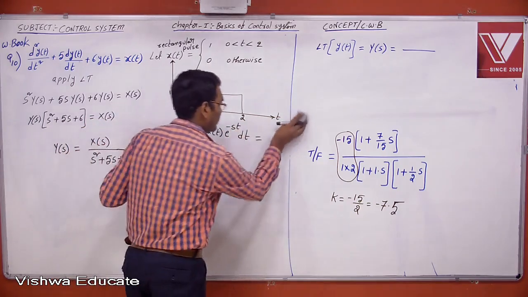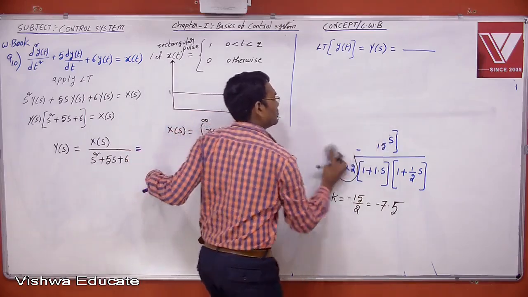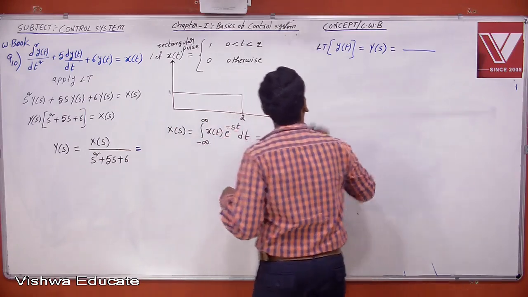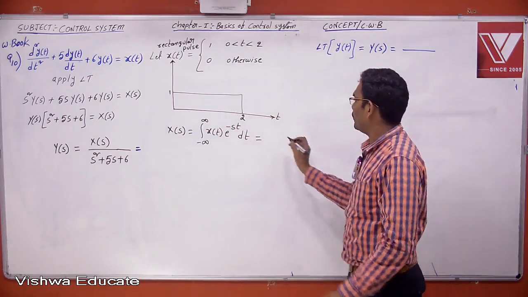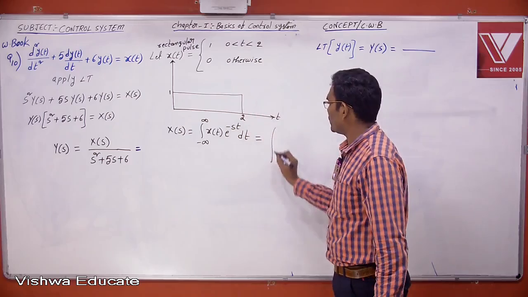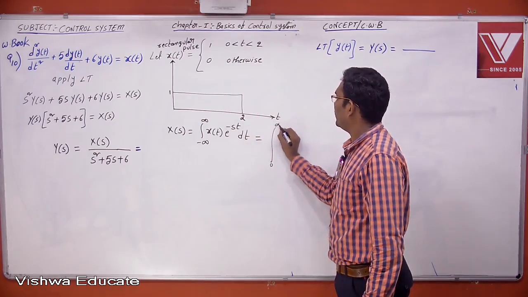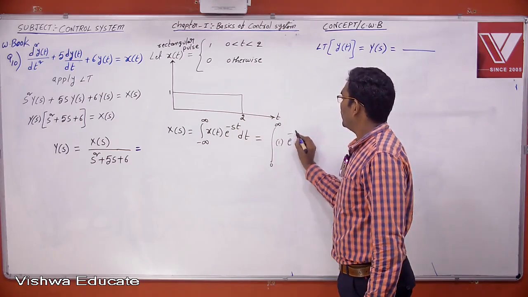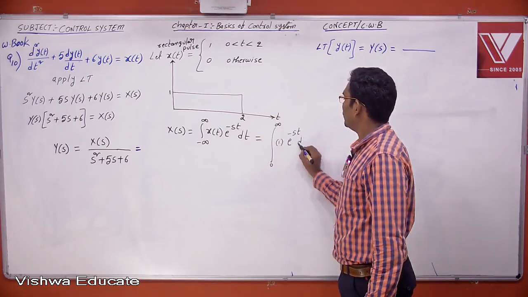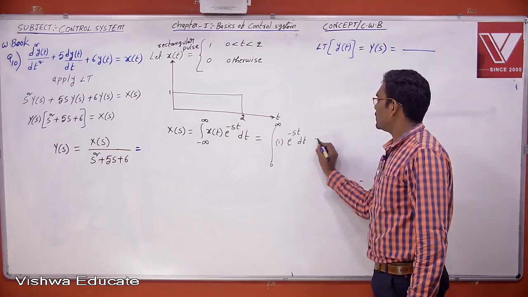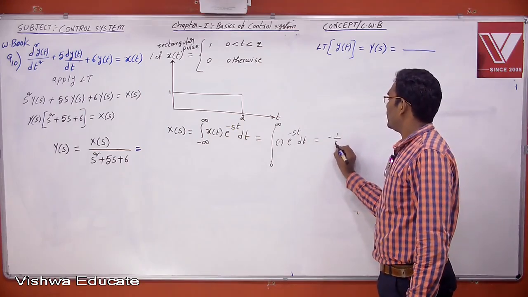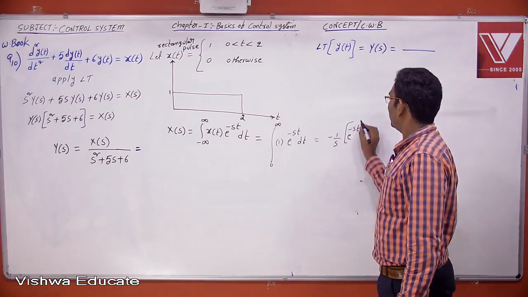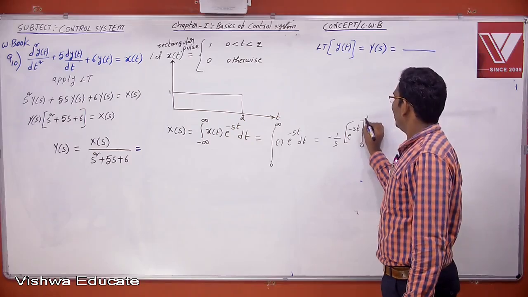Therefore, integration from 0 to infinity, this is a positive signal, x of t equal to 1 into e power minus st into dt, which is equal to minus 1 by s e power minus st over the limits 0 to infinity.